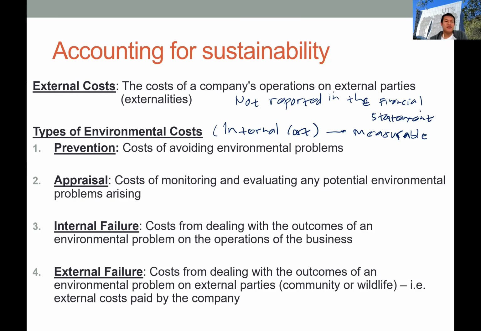And then internal failure costs. If there's an incident of environmental failure, the company has to deal with this failure, and they have to incur some costs, right? For example, in your textbook, there's a case on a European automotive company. The company produced a car with some failure in the emission system.